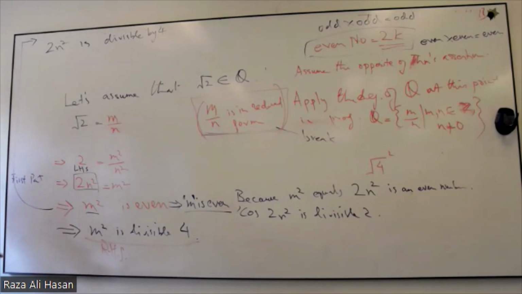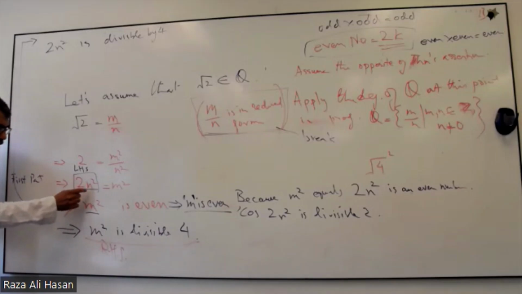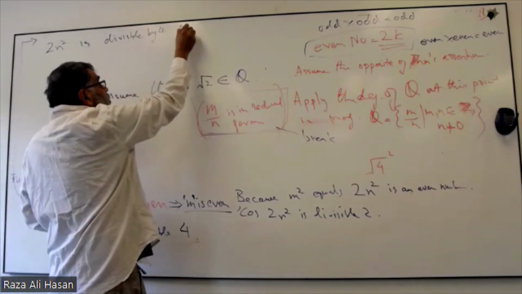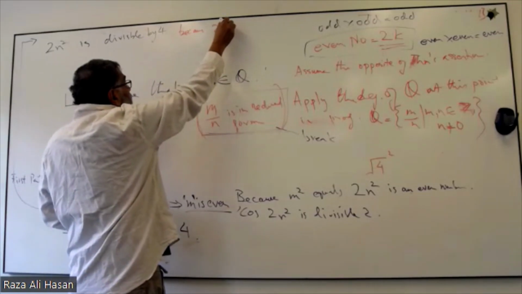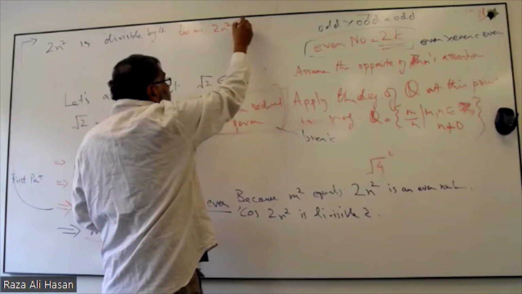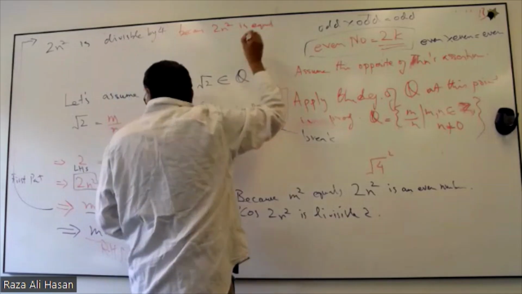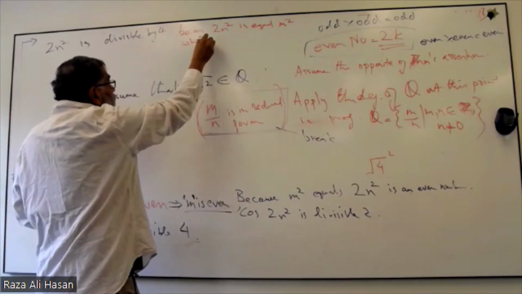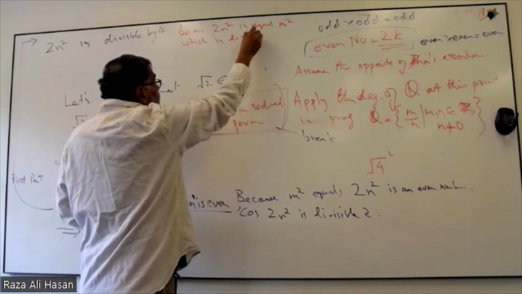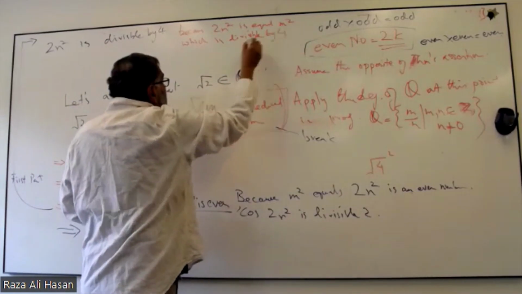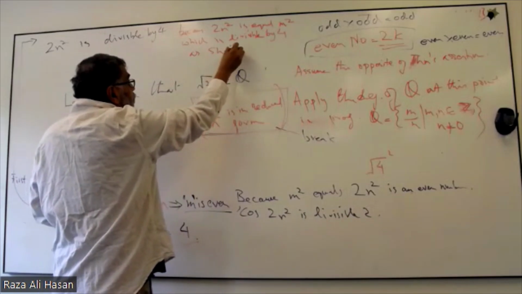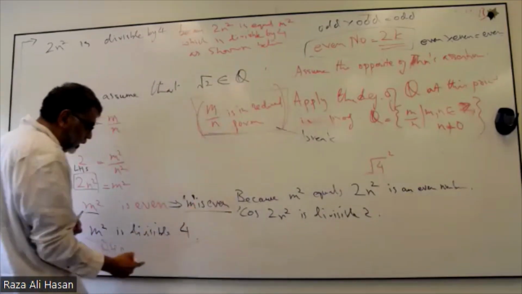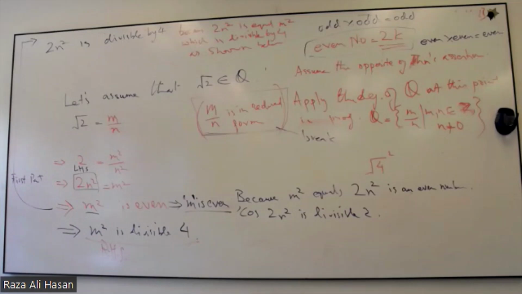Because they're equal, this is divisible by 4, therefore we can say that 2n raised to power 2 is also divisible by 4 because 2n squared is equal to m squared, which is divisible by 4 as shown below, or stated below.